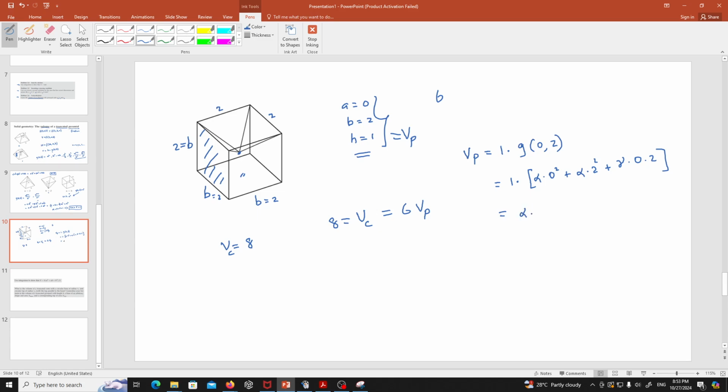So alpha into 2 square, which is 4. So the volume of the pyramid is alpha into 4.